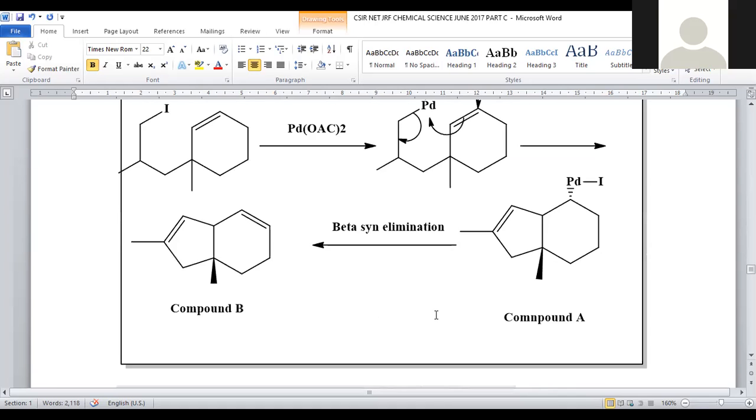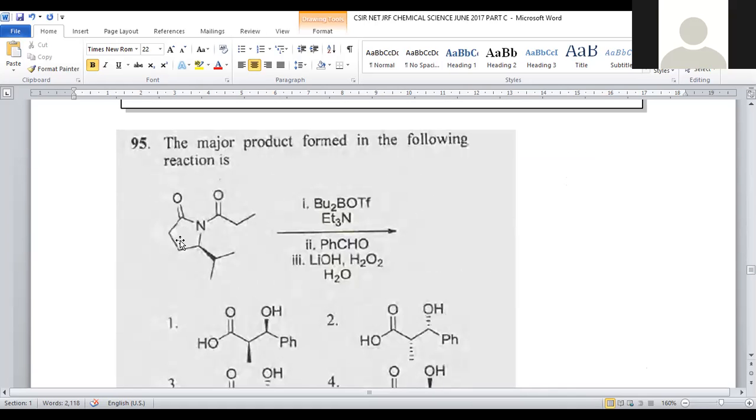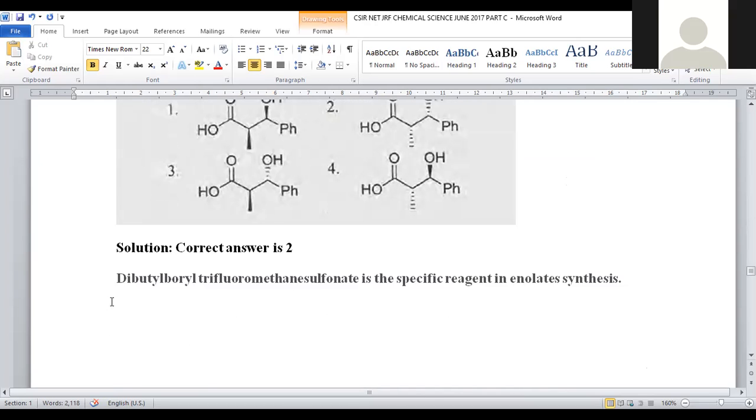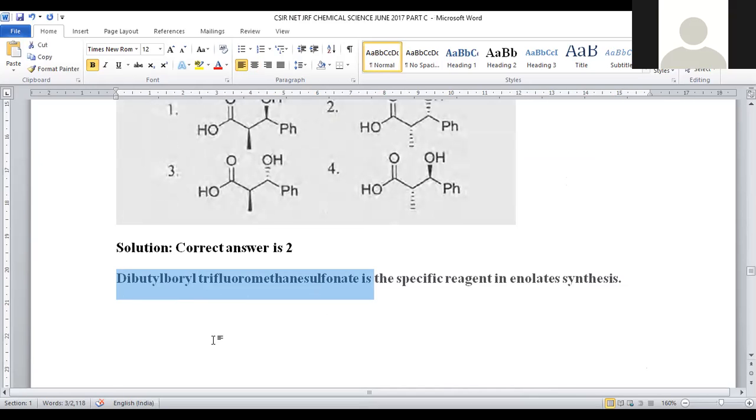Let us move on to the next question, 95. We are taking a tertiary amine here, and dicarbonyl groups are present within the molecule, and dibutyl boron triflate, right? So this is regarded as dibutylboryl trifluoromethanesulfonate.